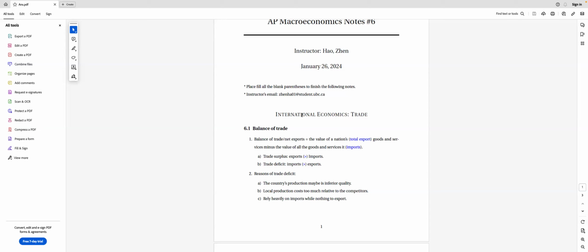Every day we buy a lot of fruits and vegetables actually made by California, made by Mexico. You see, this is called international trade. So people in different countries exchange goods and services with each other. So note number 6 is about international trade.